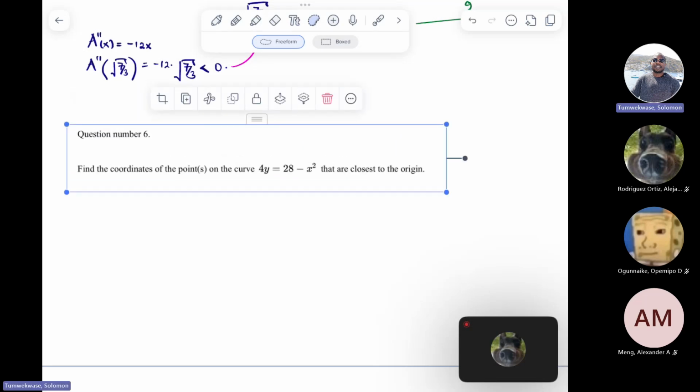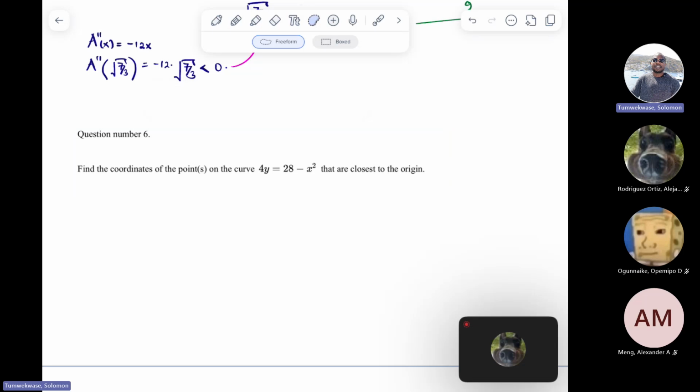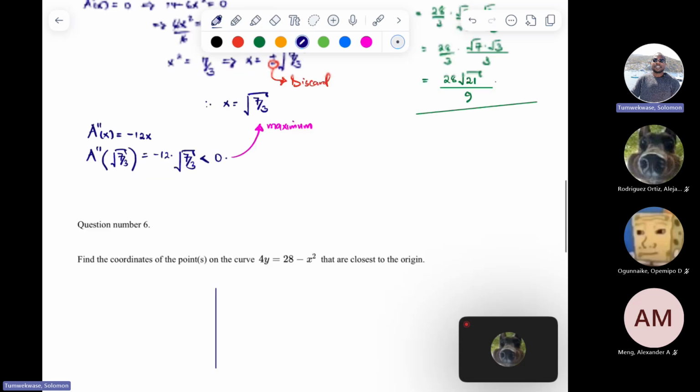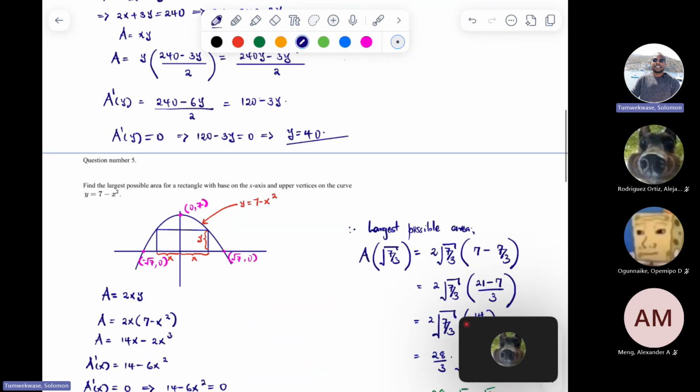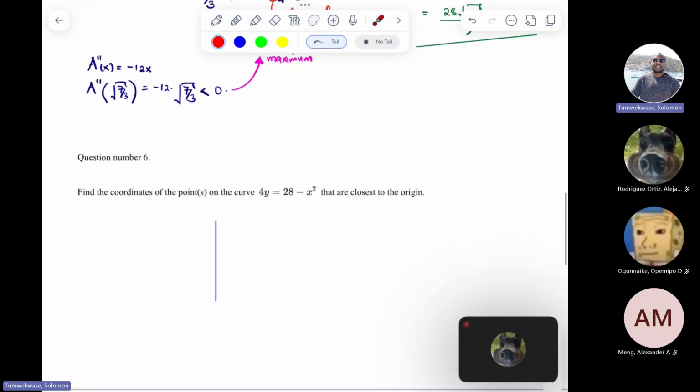In question 6, we want to find the coordinates of the points on the curve that are closest to the origin. Once again, we should be able to sketch this curve. One thing we know is this looks like the curve up here. The only difference is that we have some coefficient behind y.